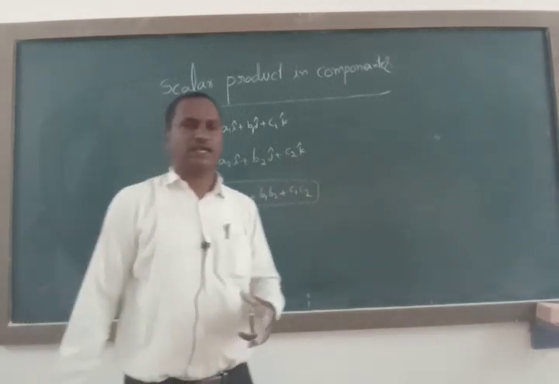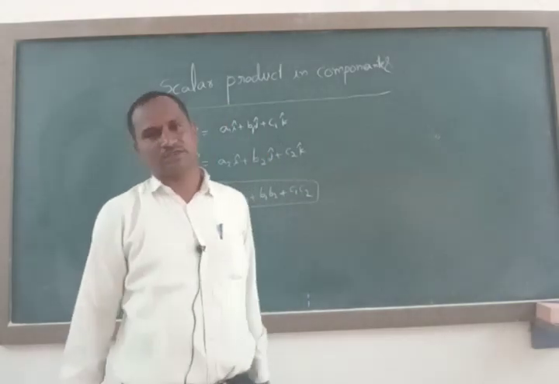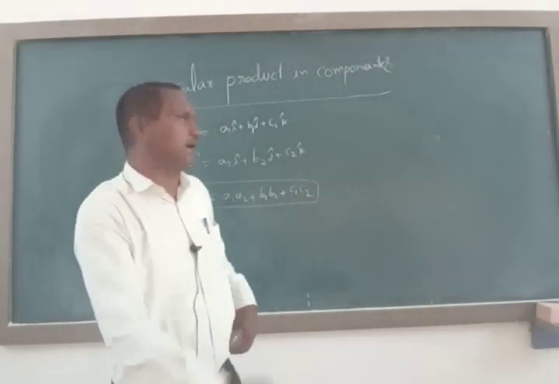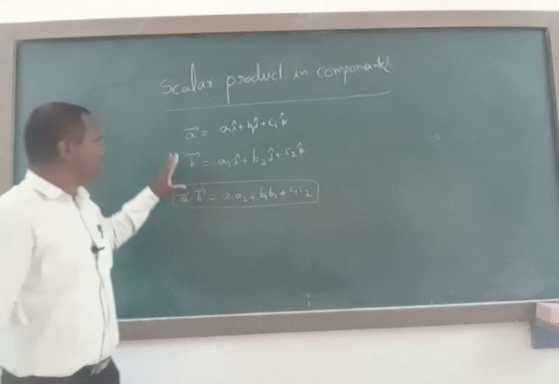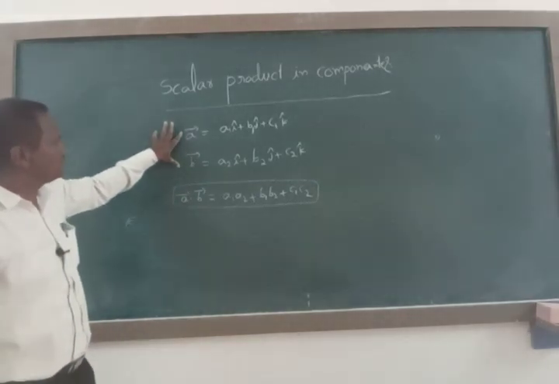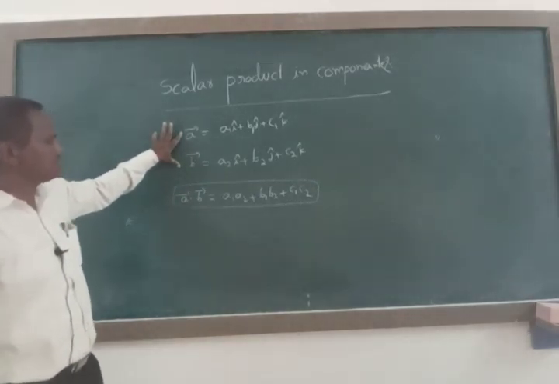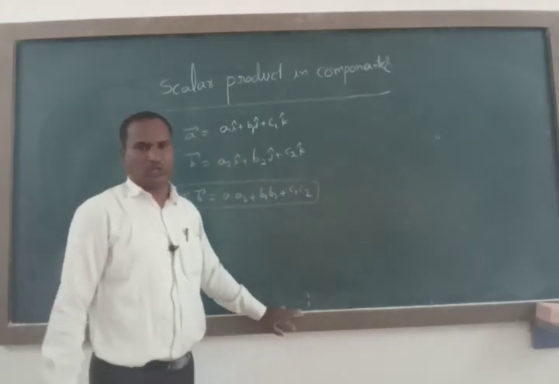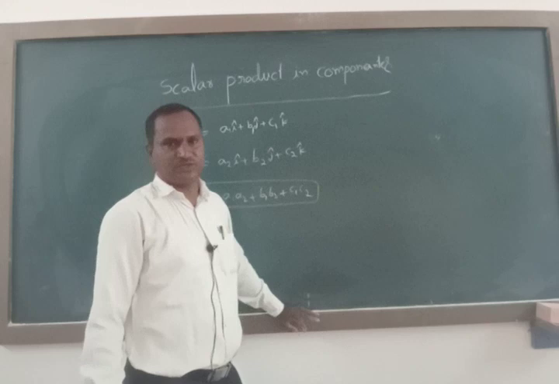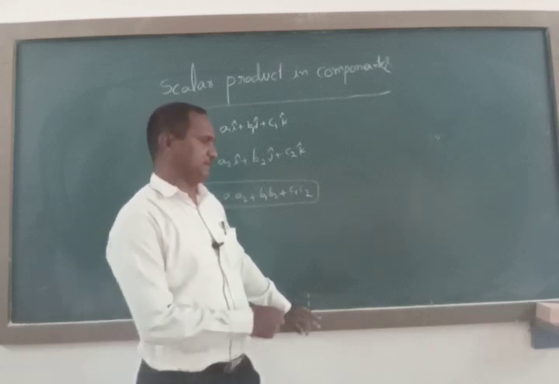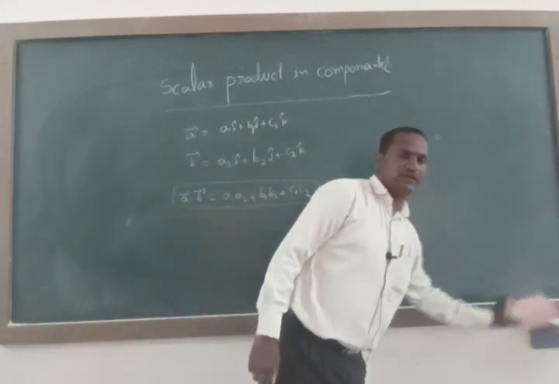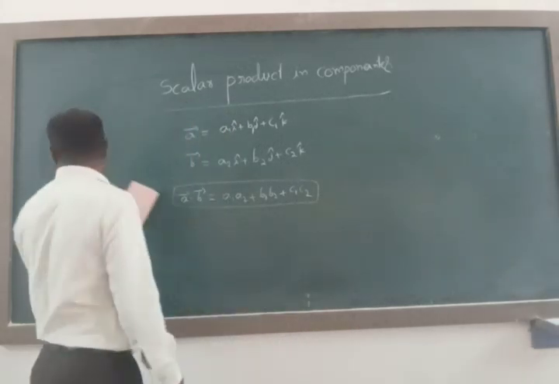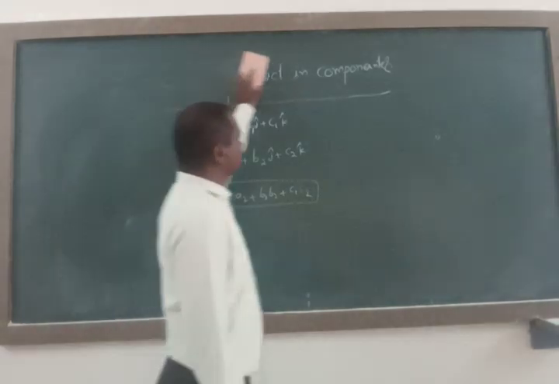That's how we can define the scalar product of two vectors: the sum of the product of corresponding coefficients of i cap, j cap and k cap. Like that we are giving the scalar product in components.